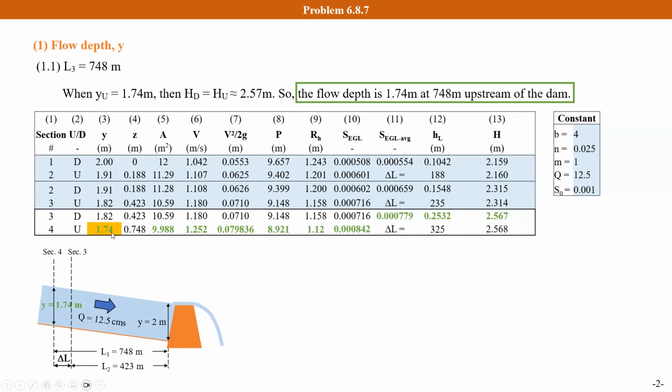When we input the water depth equal to 1.74 meter, we could see that the total energy upstream equals the total energy downstream. So we can make a conclusion that the water depth is 1.74 meter at 748 meter upstream of the dam.